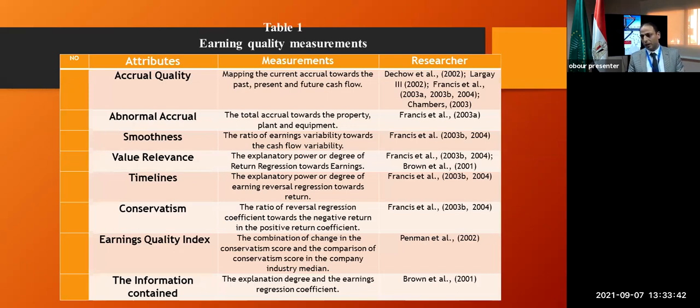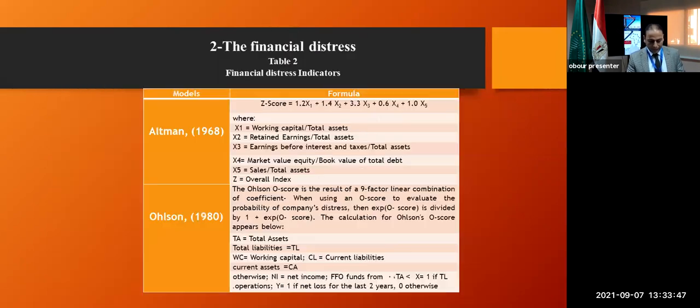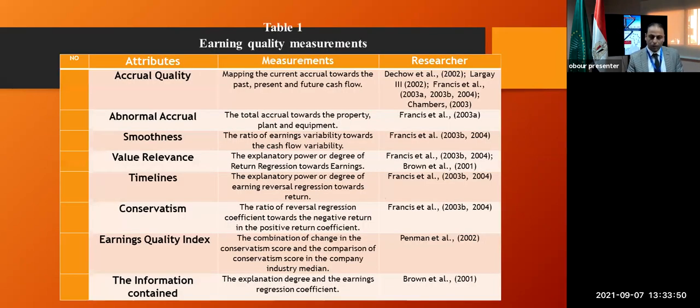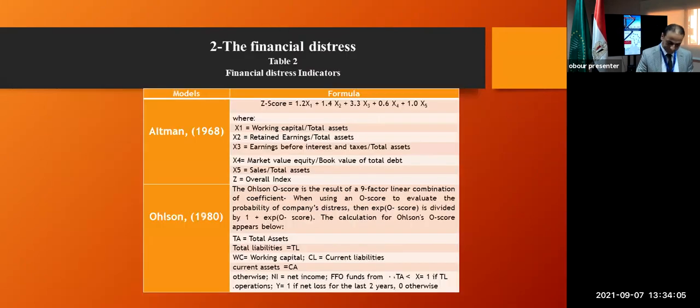The measurement of earning quality: accruals quality, abnormal accruals, smoothness, value relevance, timeliness, conservatism, earning quality index, the information content. Variable two, financial distress, measurement: Altman Z-score, also index.